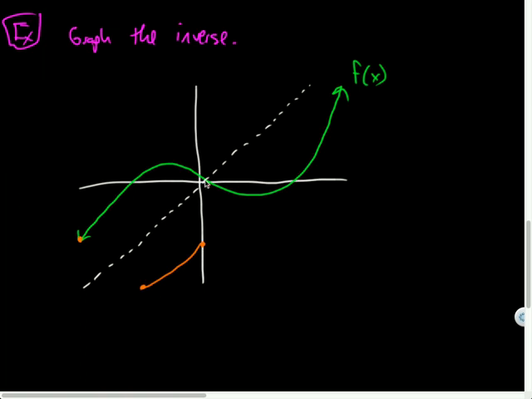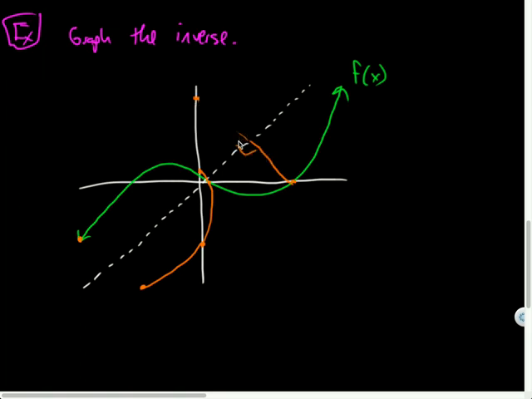Here's this point, so that would be mirrored there. This point would be mirrored over here. So I think this would look like this. Let's grab this point. If I mirror it over the line, mirroring means it's going to be equidistant from the line and perpendicular to it.